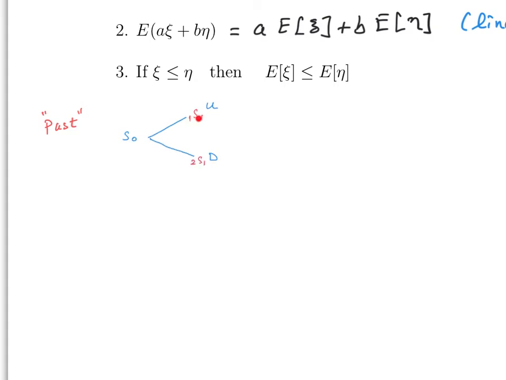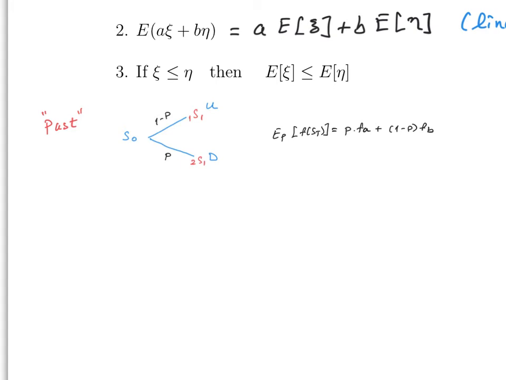This just means the first value if it goes up and the second value if it goes down. And remember we used the probabilities 1 minus p that it will go up, and p that it will go down. And then if you find the expected value, which we did, of the payoff function, this was equal to p times f of a plus 1 minus p times f of v.